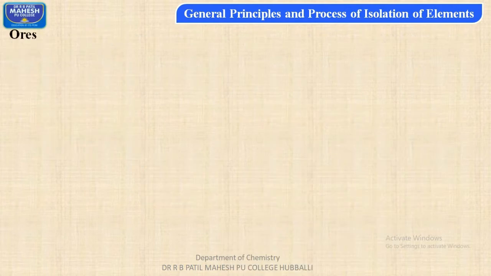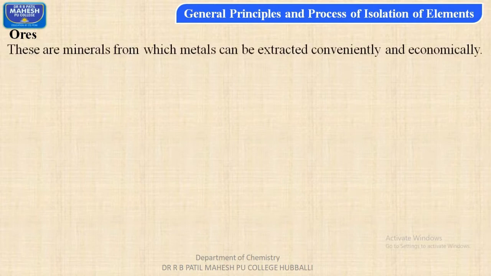Let us continue, students, with the next term, ores. Ores are the minerals from which metals can be extracted conveniently and economically. So all the ores are what, students? They are minerals.